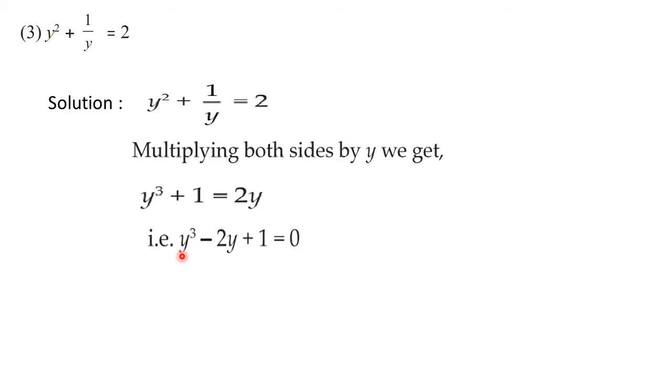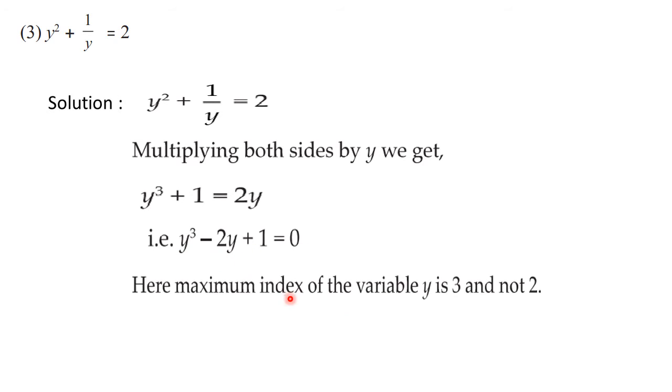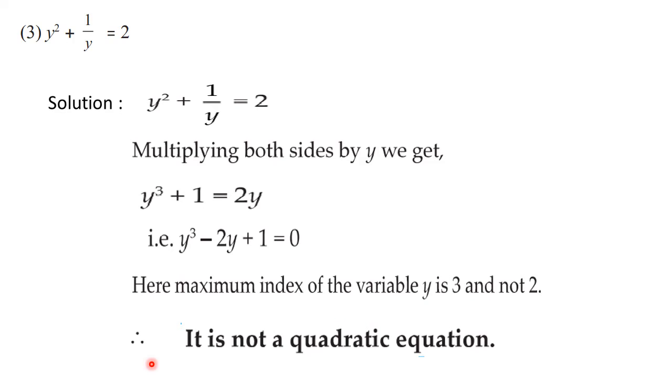Now what we can observe here is y is the only one variable, but the degree of the equation is 3 and not 2, or the maximum index, the highest index of the variable y is 3 and not 2. Therefore, it is not a quadratic equation. Okay. So here we have to observe these two conditions.